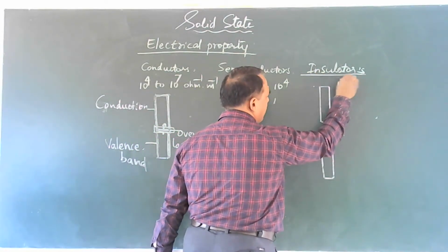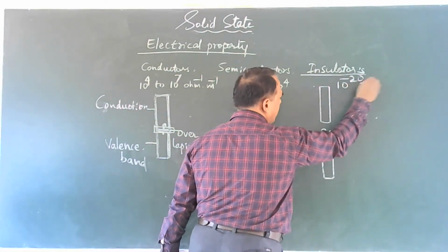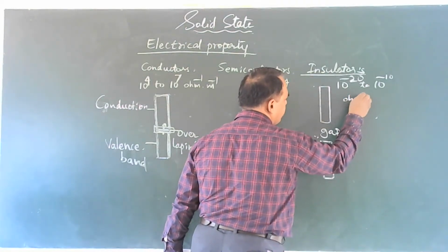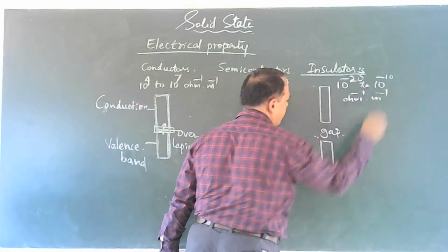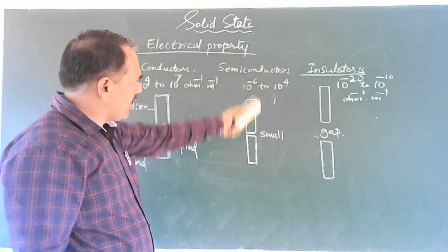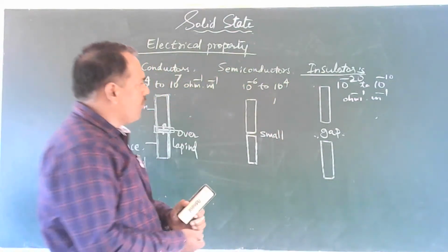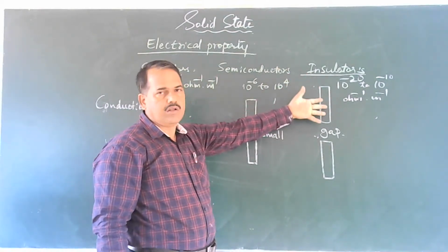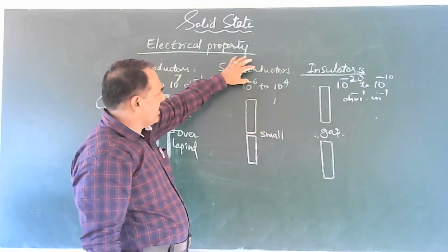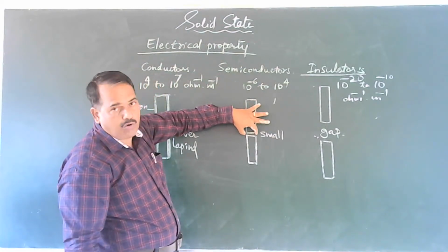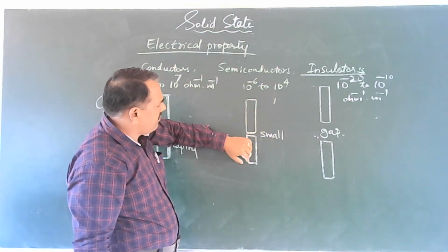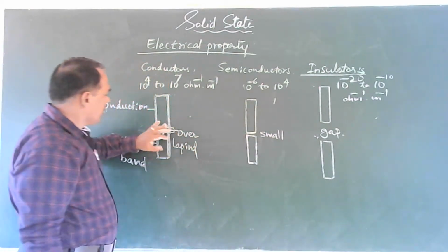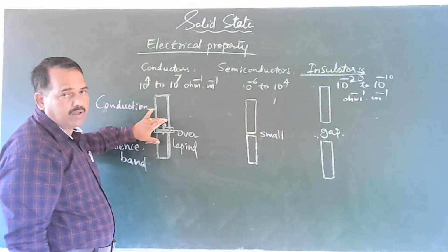Insulators have the range 10 raised to minus 22 to minus 10 per meter. Are you clear? The name itself indicates insulator, where electrical conductivity is nothing, zero. And in semiconductors, as there is a very small energy gap, valence band electrons can move toward the conduction band. And here there is an overlapping.